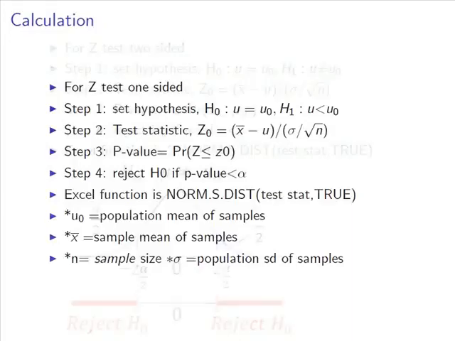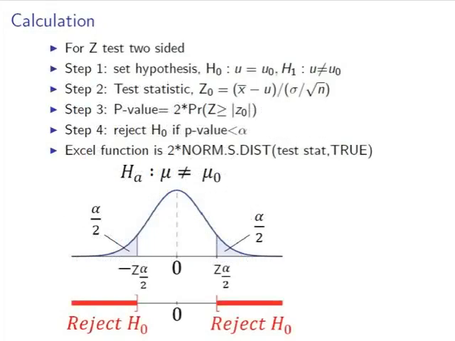Then for z-test with two sides, step 1 is also we need to set the hypothesis, and the step 2 is calculate the test statistic z0. After that, step 3 is calculate the p-value, which is equal to 2 times probability of Z greater than absolute z0.